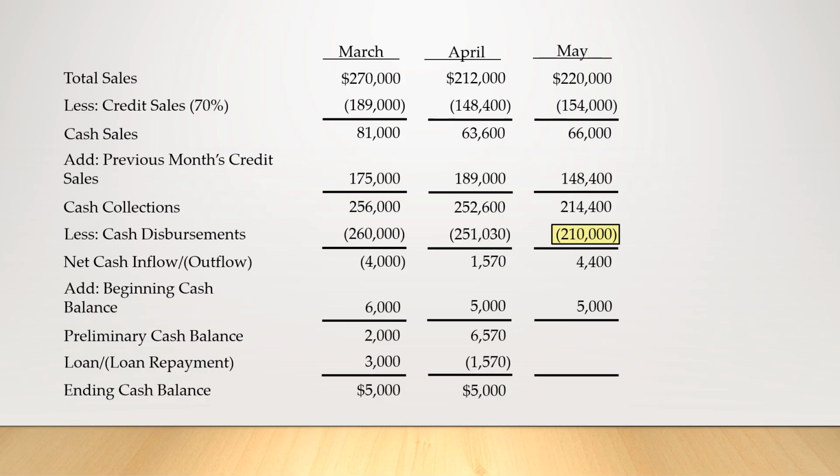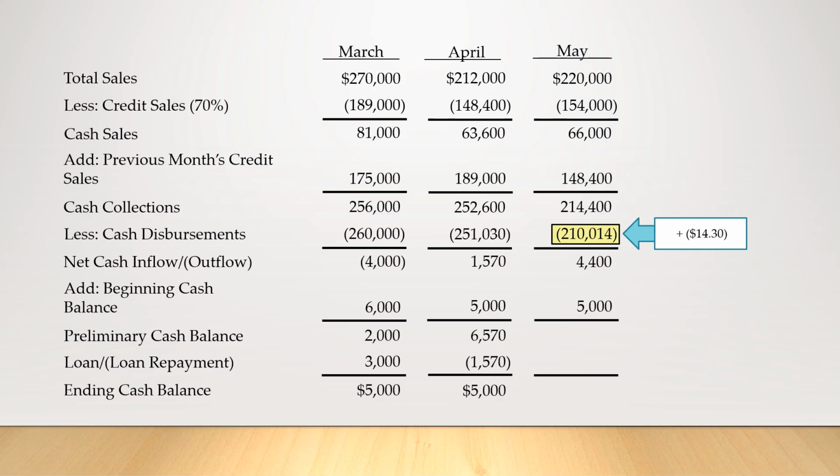The interest payment for May will be the remaining loan balance times 1%, $14.30. The problem specified that we round to the nearest dollar, so May's disbursements becomes $210,014.